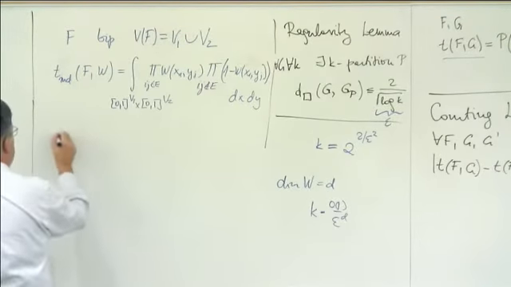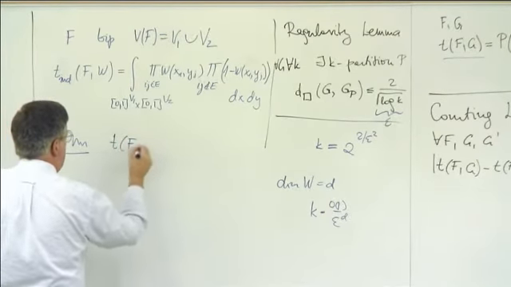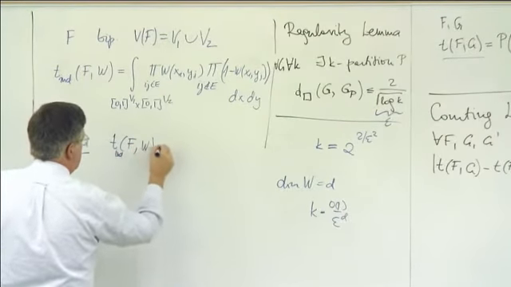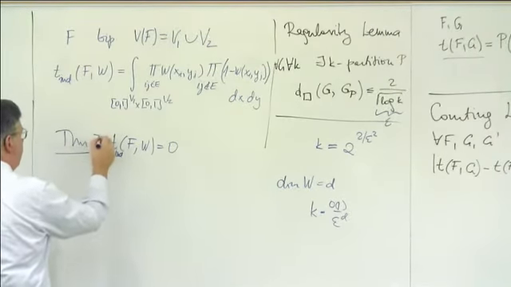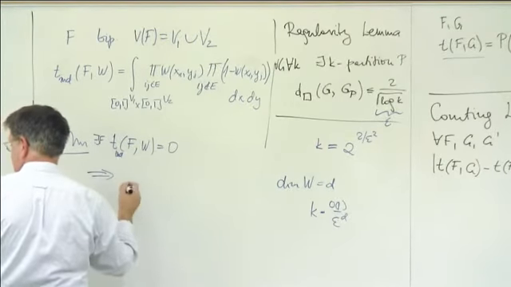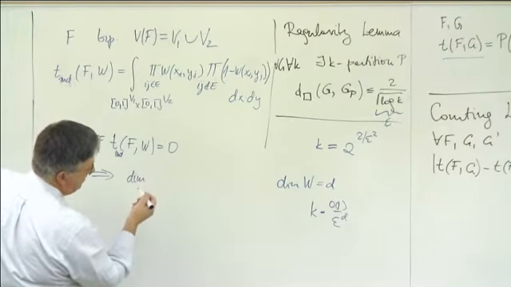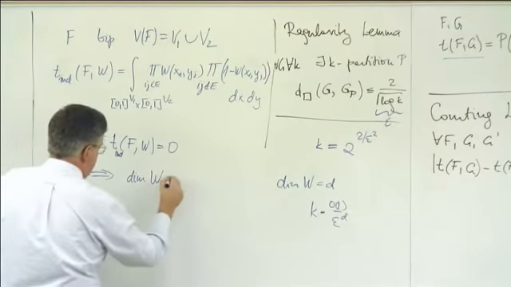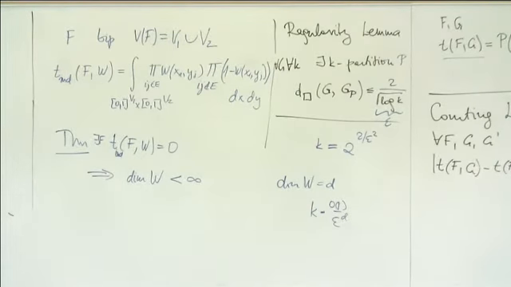And so one theorem says that if t_induced(F, W) is 0 for some bipartite graph, so if there exists a bipartite F such that this holds, then it follows that this W has finite dimension, where I called the dimension of W the dimension of this space. More follows.